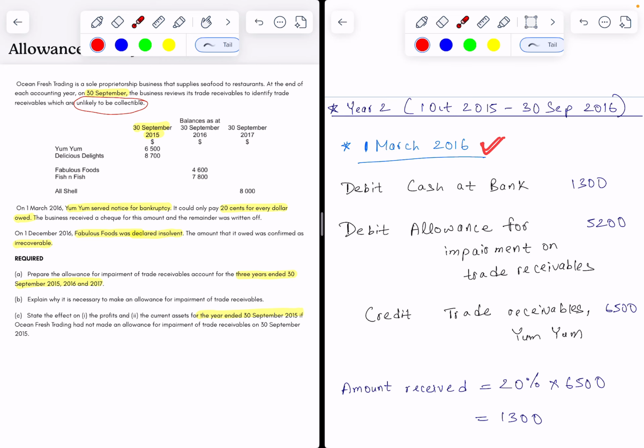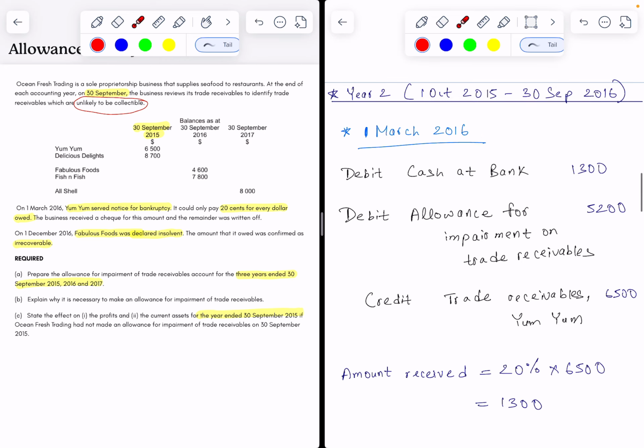Yum Yum just confirmed that they can only pay us 20% of what they originally owed us. We know that Yum Yum originally owed us $6,500, right? And now that they have confirmed that they can only pay us 20%, 20% of $6,500 is $1,300. That's what we expect to receive from Yum Yum.